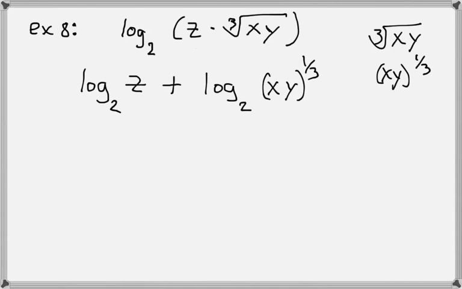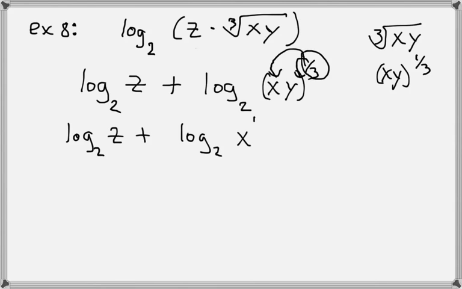If you have two things all being raised to a 1/3, that would be the same thing as both of them being raised. So we would take that 1/3 and place it into both the x and the y. So we'd have a log base 2 of z plus a log base 2 of an x to the 1/3 times a y to the 1/3.